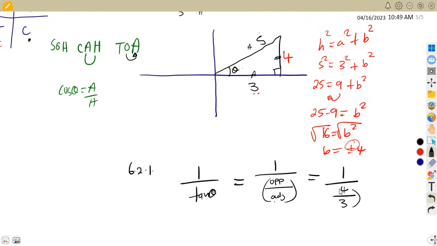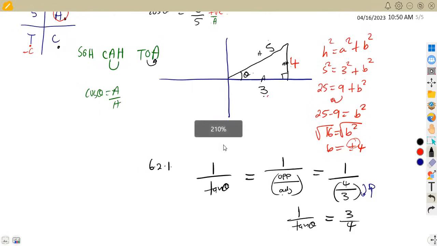So that's 1 over 4 over 3. So 1 over tan of theta is equal to 1 over 4 over 3, which simply means the inverse, so you are going to invert the fraction. This is going to give us 3 over 4 in this case. All right, so that is 1 over tan theta. It is going to give us 3 over 4.